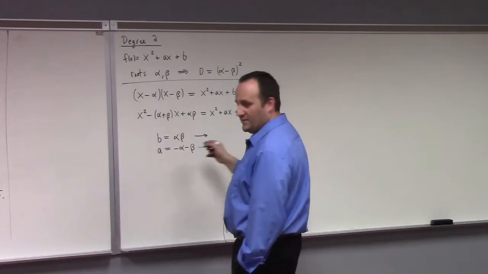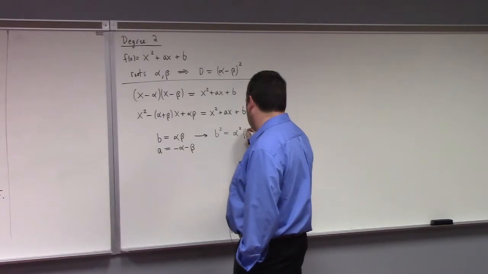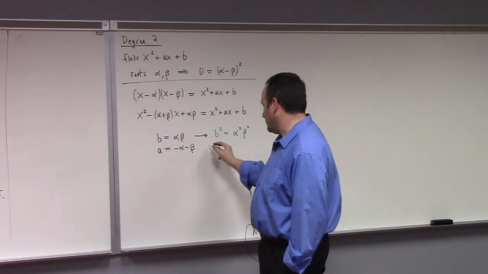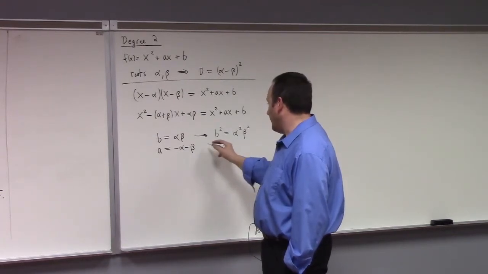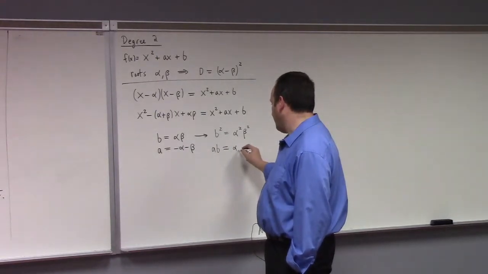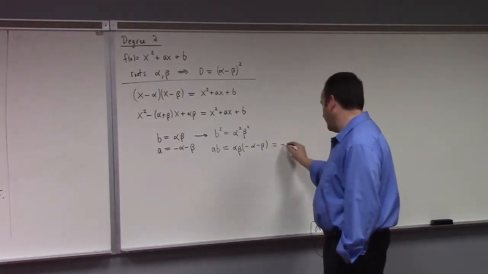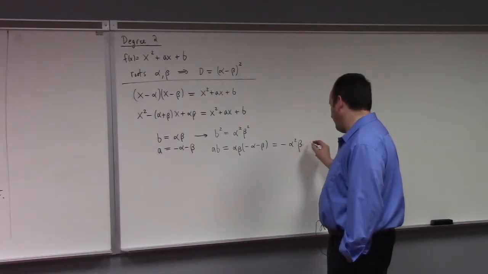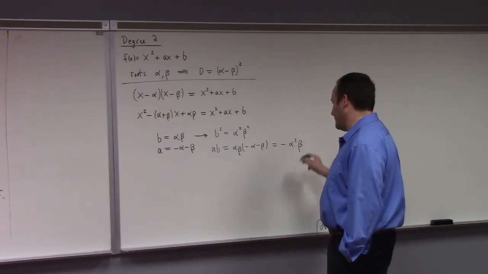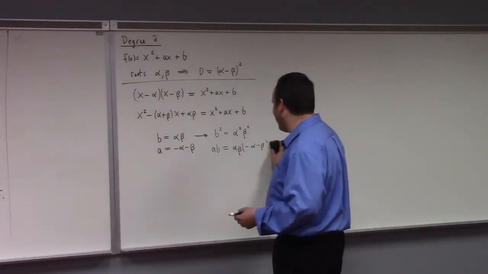I'm going to try squaring it. And if I square this, well, maybe I should multiply a times b. What's that give me? Well, that didn't help either, did it? Good grief. I'm sorry, guys.